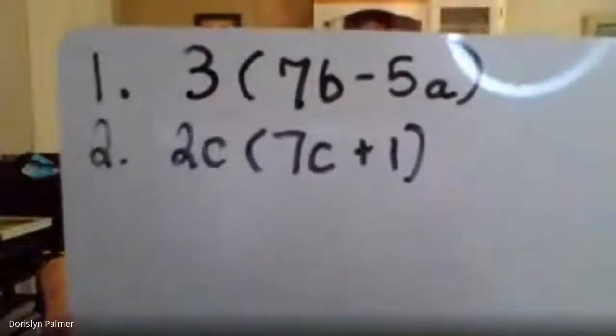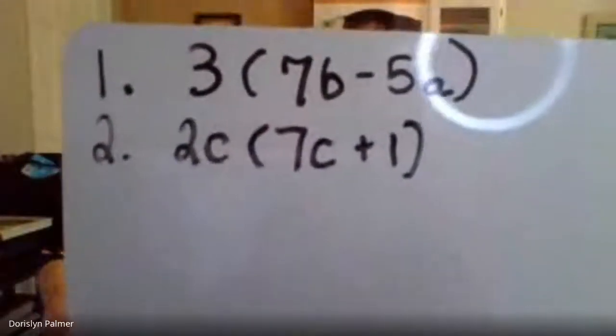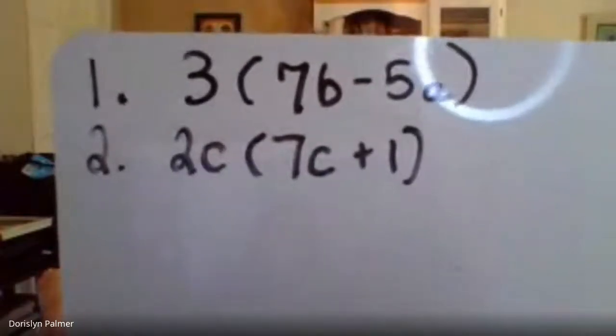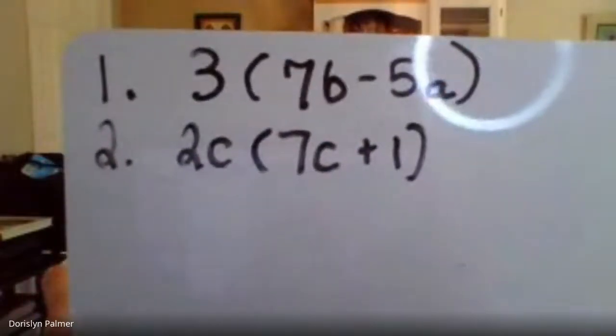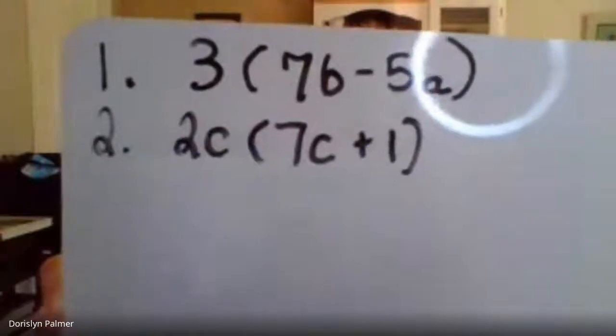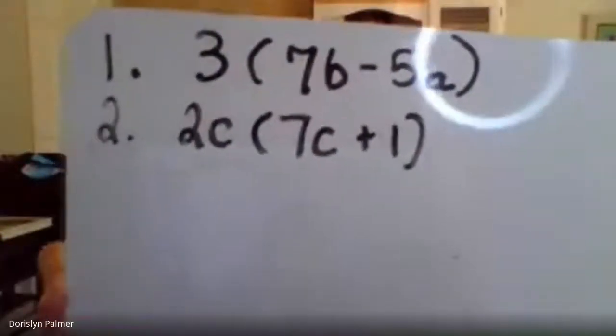All right, put that up. 2c times the quantity 7c plus 1. Number 3, Gavin. Now you have to unmute, Gavin.